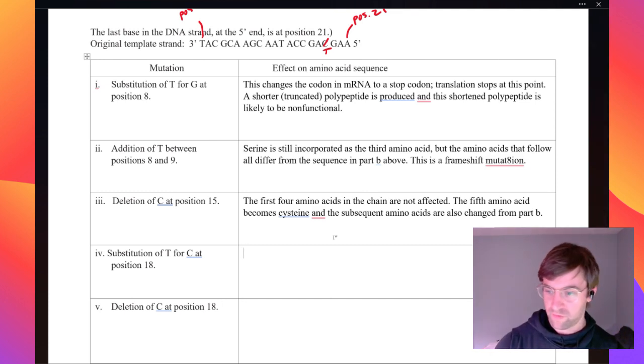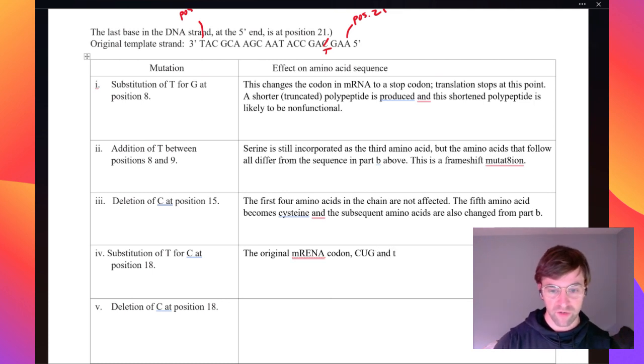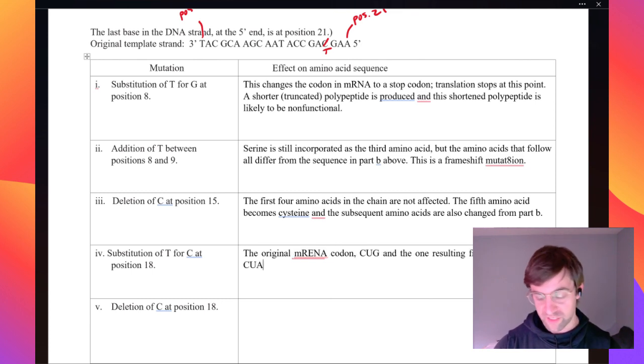The original mRNA codon, CUG, that would come from this, and the one resulting from the substitution, CUA, both code for leucine. So no change would occur.